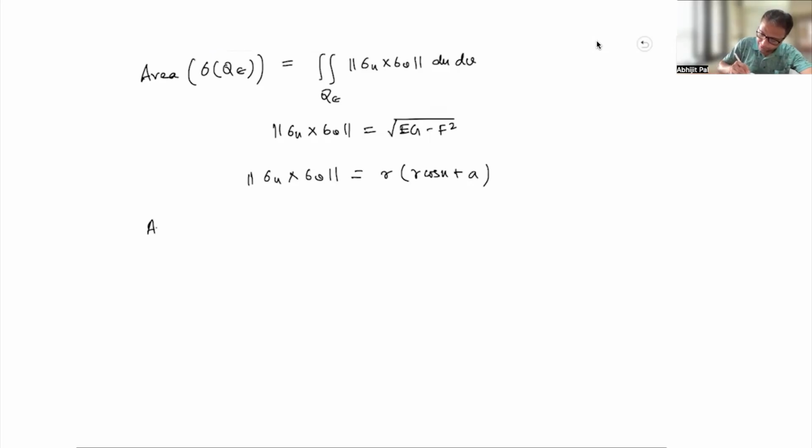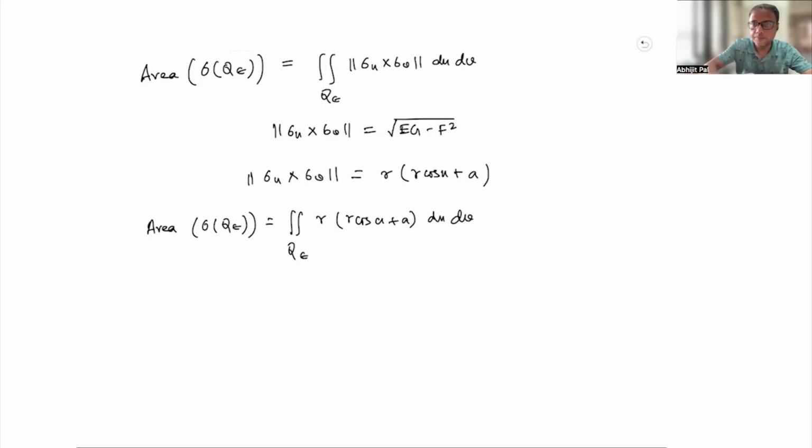Therefore the area of sigma Q epsilon is the double integral over Q epsilon of r times (r cos u plus a) du db.